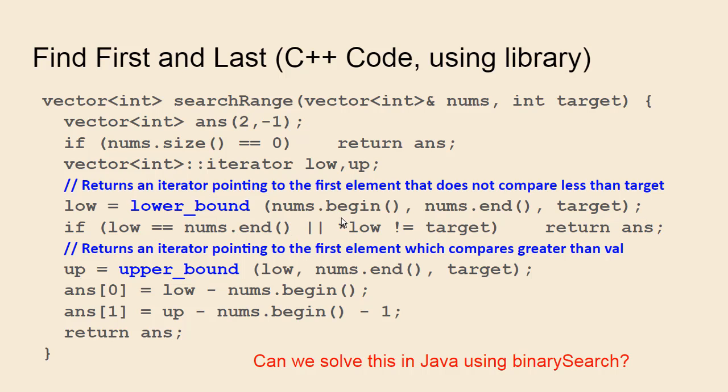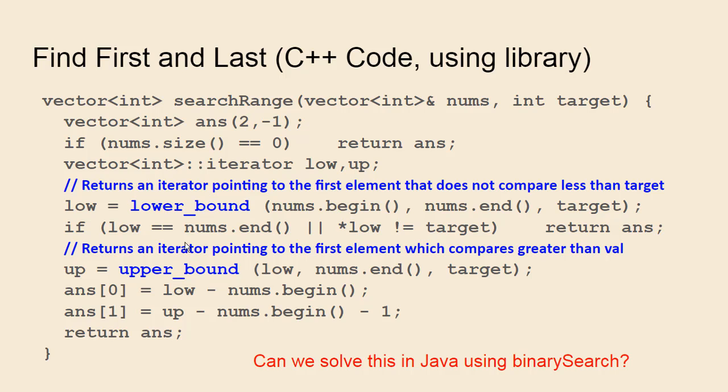Also, this star low means we are going to find the value pointed to by the iterator low, sort of like dereferencing a pointer in C. If this is not equal to target, that means the first element that's greater than or equal to target is actually not equal to target. In other words, greater than target. That means target does not appear. So in either of these cases, we'll just return the default -1, -1.